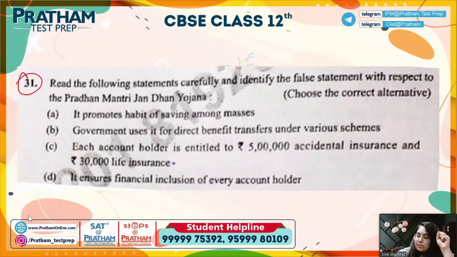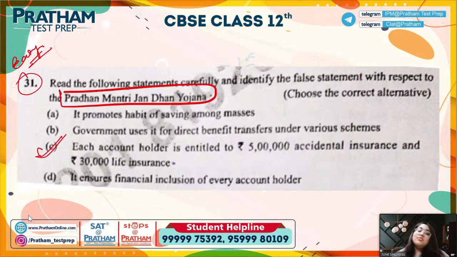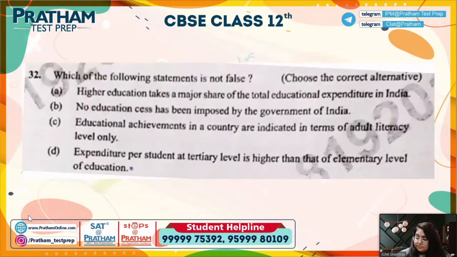The rest are correct. We studied that the Pradhan Mantri Jan Dhan Yojana is one of the poverty alleviation programs. Again an easy question, because the other options clearly relate to this particular program, right?